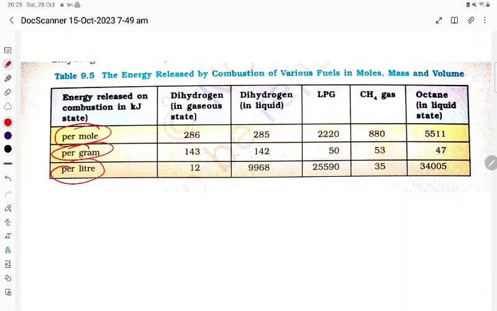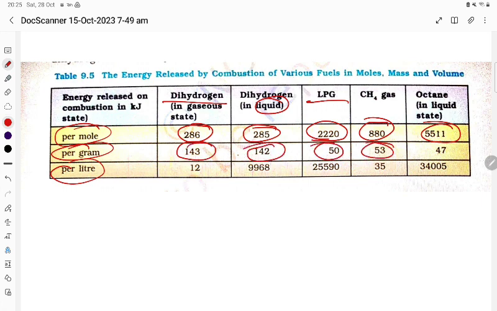Dihydrogen is 286, in the liquid phase 285, LPG 2220 kilojoule per mole, then 880, and octane 5500. Per gram it is the highest, and per liter it is the lowest.